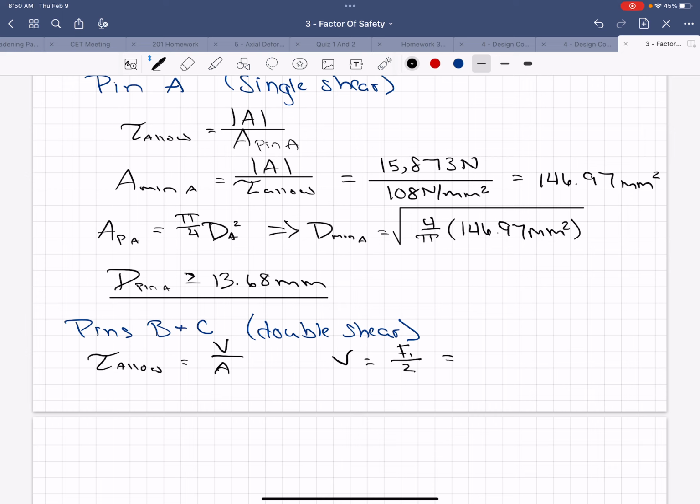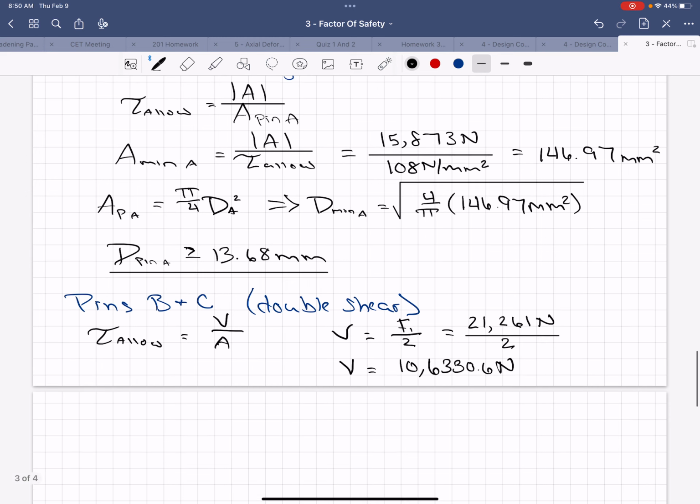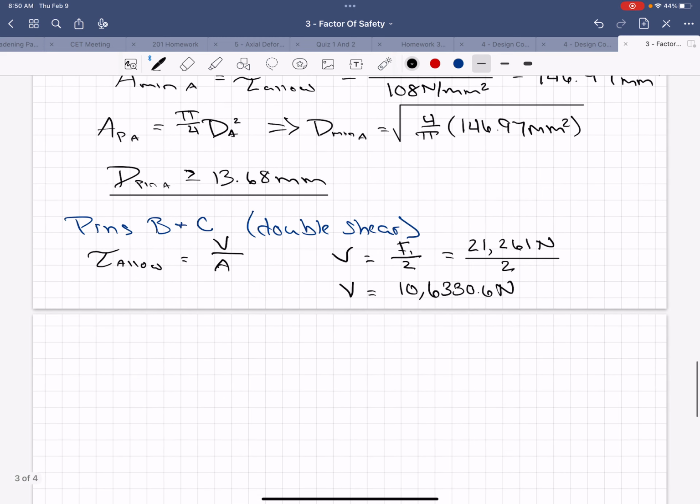So that is 21,261 newtons all over 2. V equals 10,630.6 newtons.